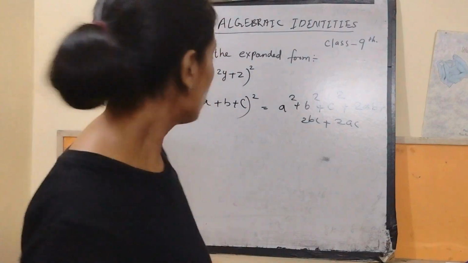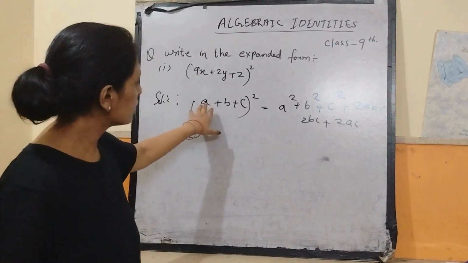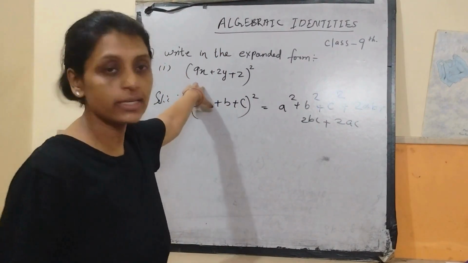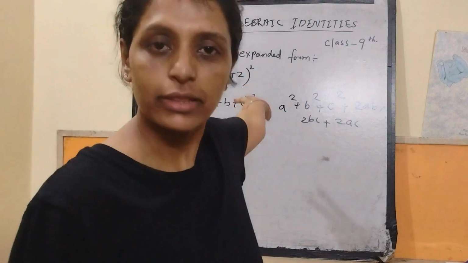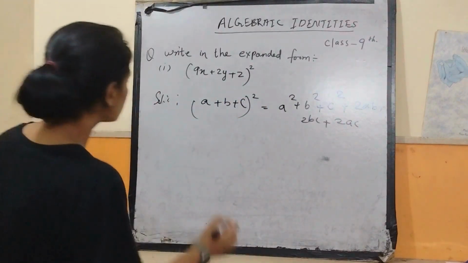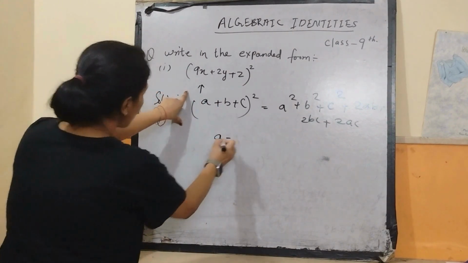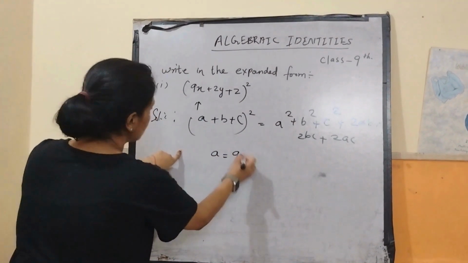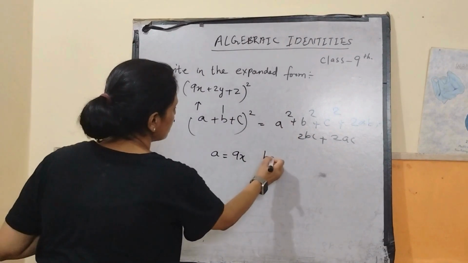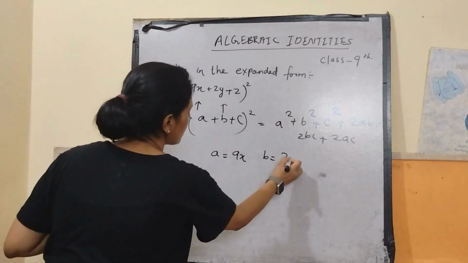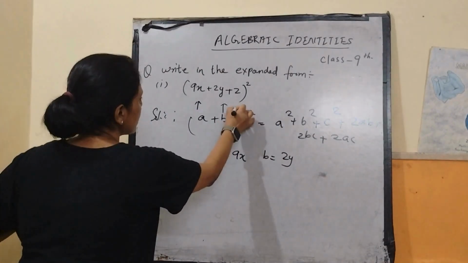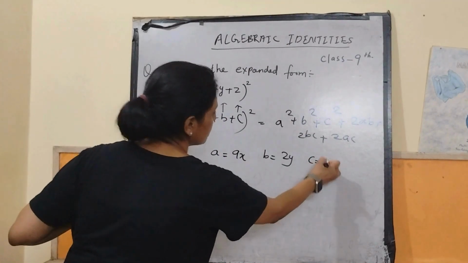Now we will compare this identity with the algebraic expression given in the question. On comparing, we get a as 9x, b as 2y, and c as z.